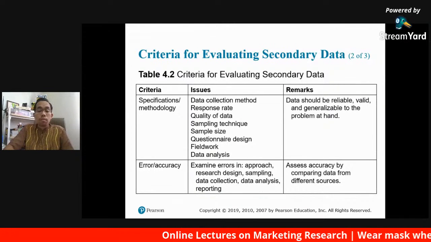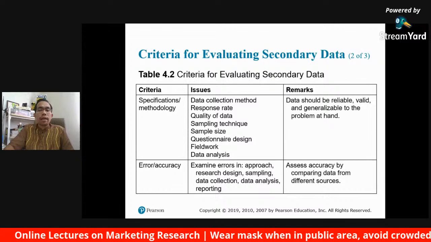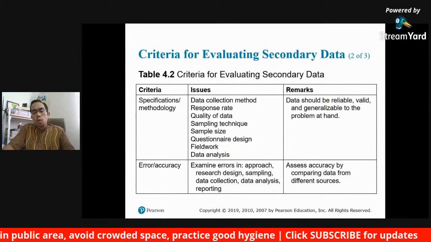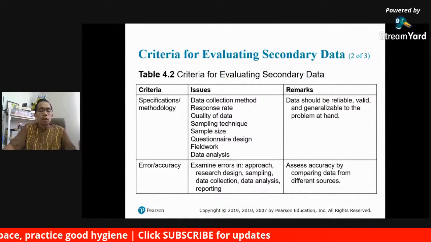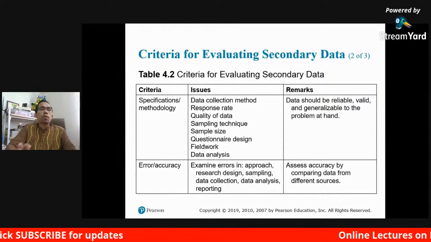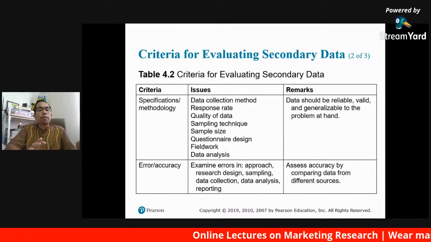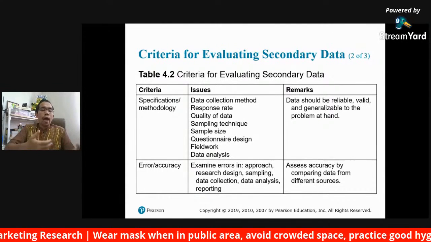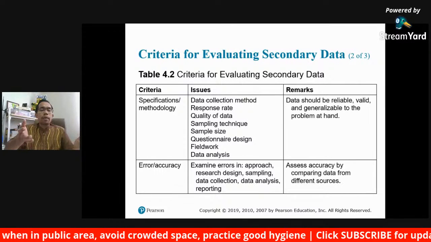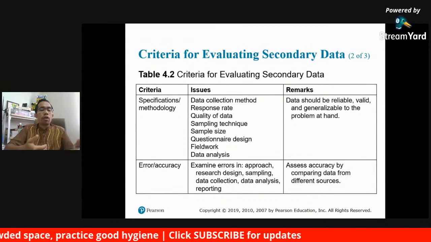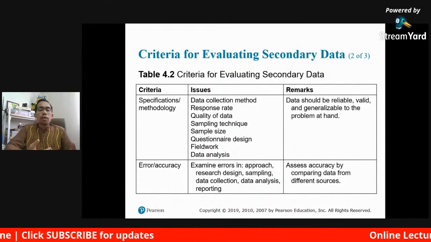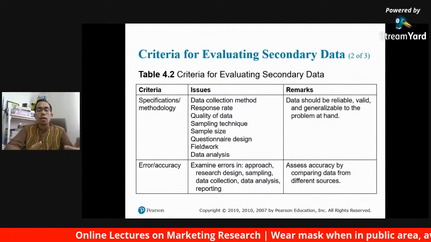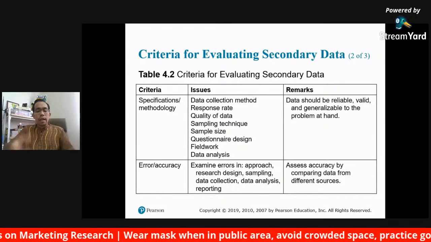So we need to read more and not just take all the information and immediately use it. It is not administrative work where you go to the field and acquire data like primary data, but secondary data also requires you to have critical thinking through reading and organizing all the arguments to ensure all the issues highlighted in the secondary data suit and fit the problem that we have in hand.